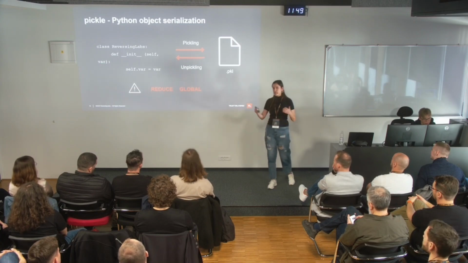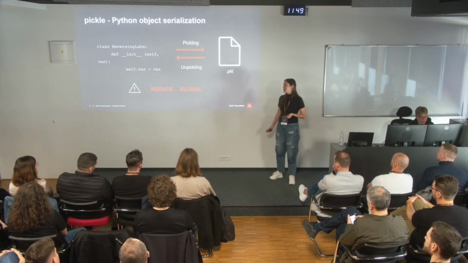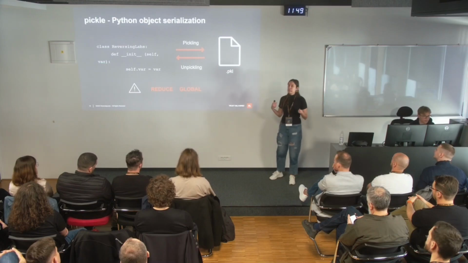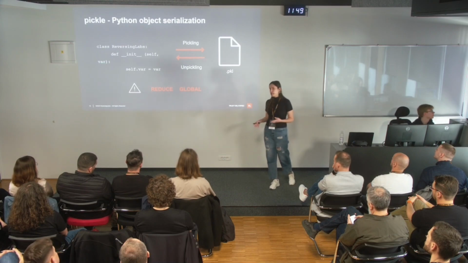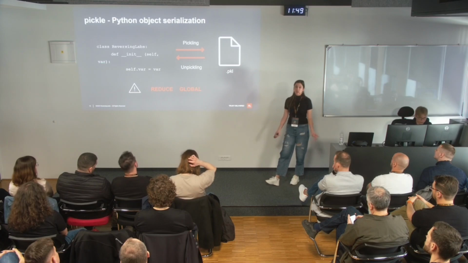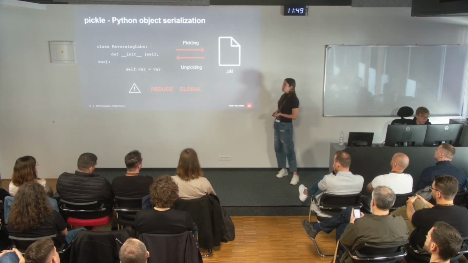There are various opcodes that do various things. Some put things on the stack, some take them off the stack. But two opcodes can be a bit dangerous. They're normal opcodes, but they can be abused to execute arbitrary code, and those are reduce and global.